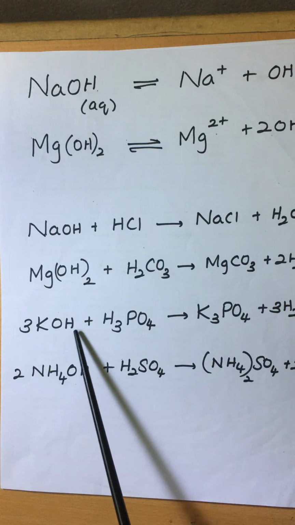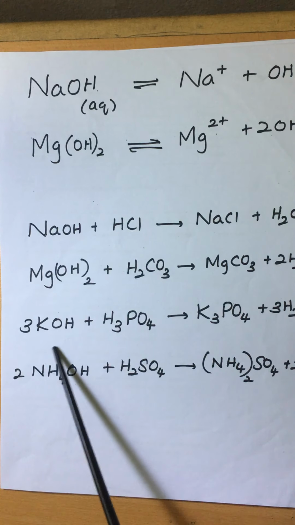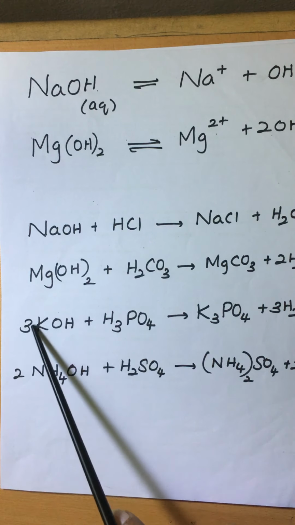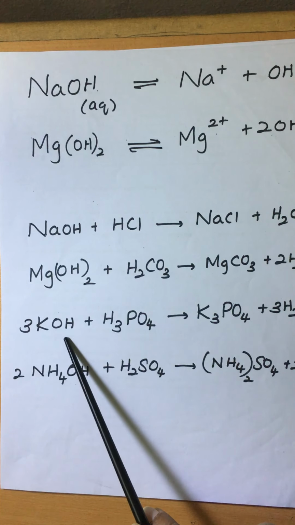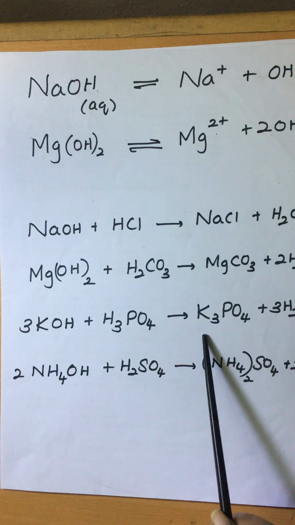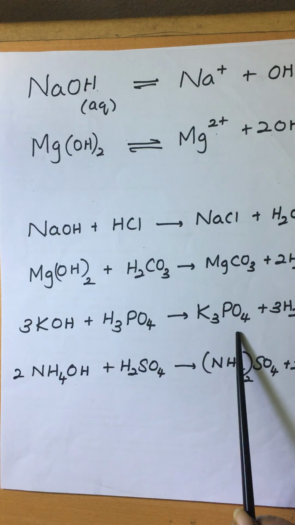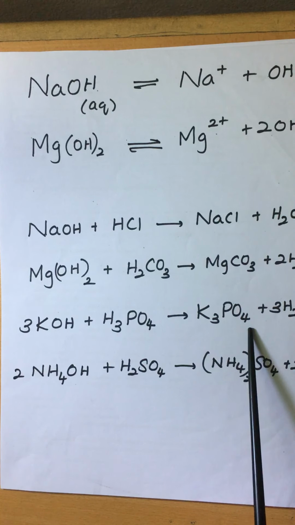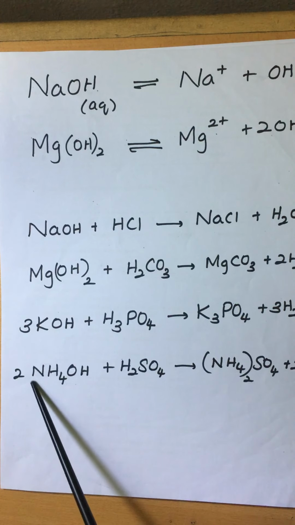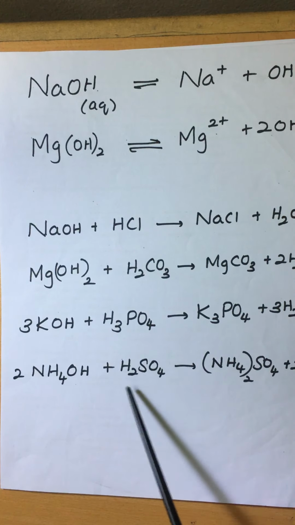The other thing: potassium hydroxide is a strong base, reacting with a weak acid. Strong base, weak acid. So the strength is more on the base side. Therefore this salt is a basic salt. That means it has a little bit of basicity, a basic salt. Same way, weak base and strong acid. The acid is strong. Therefore you will get an acidic salt.